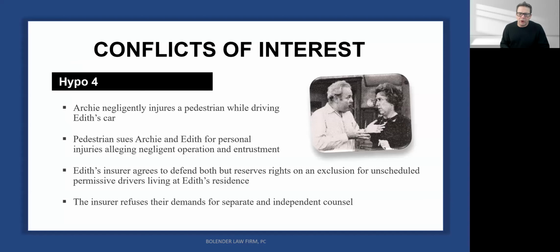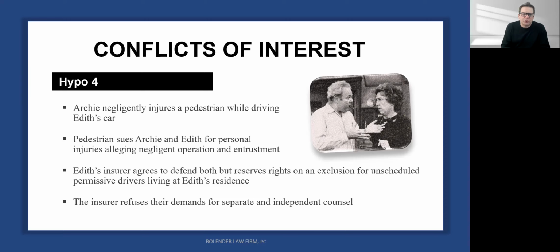Let's look at one more hypothetical. That's number 4. Now, here, Archie was driving Edith's car and is involved in an accident. The pedestrian sues Archie and Edith. Edith's insurer agrees to defend both Archie and Edith, but it reserves rights on an exclusion.